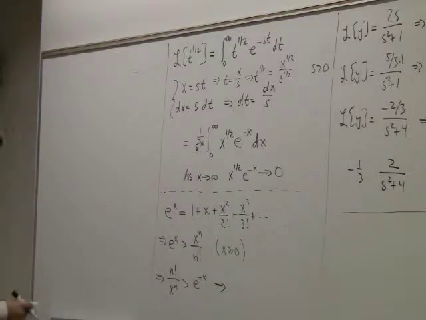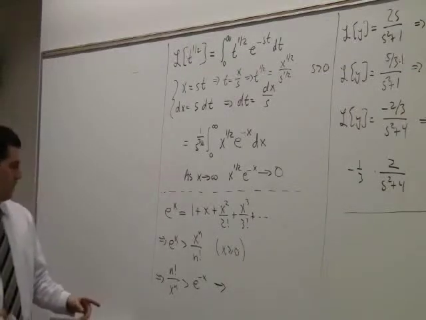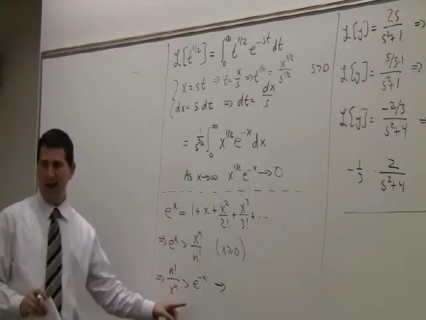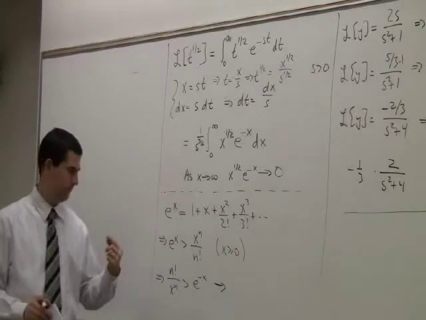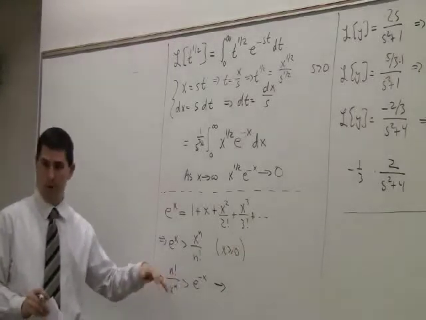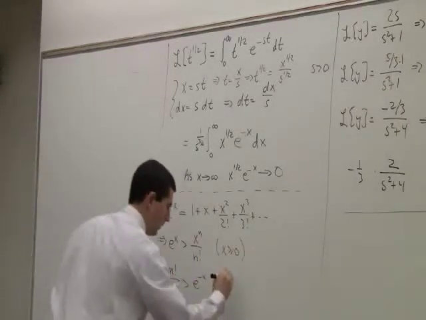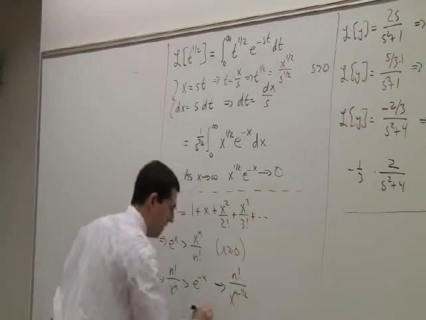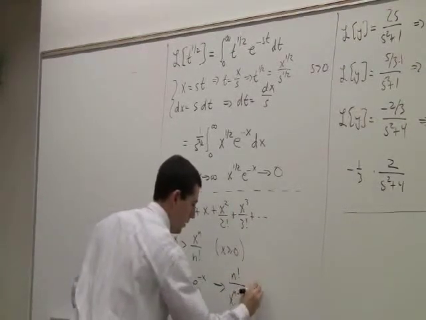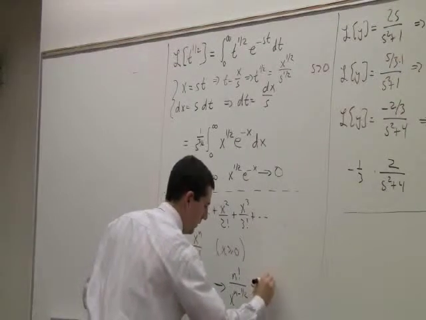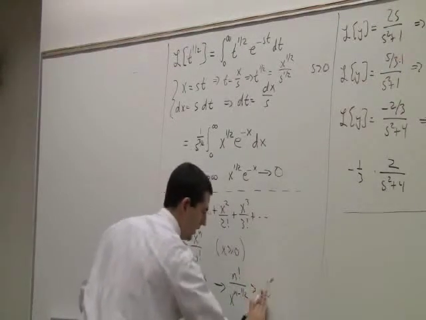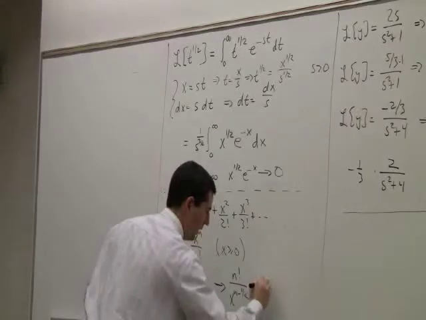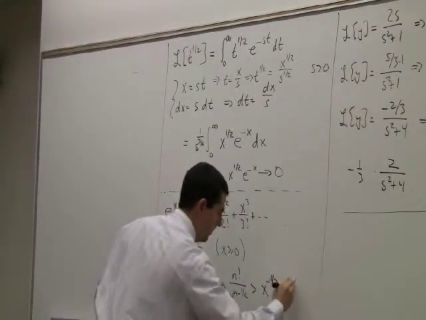So if I multiply both sides by 1 over x to the 1/2, nothing will change, right? Because that's positive. So n factorial over x to the n minus 1/2 will be greater than e to the negative x times, well, let me put the x to the 1/2 out front: x to the negative 1/2 e to the minus x.